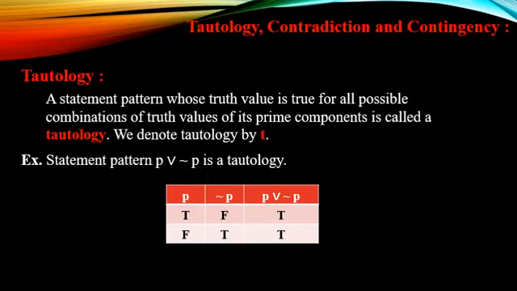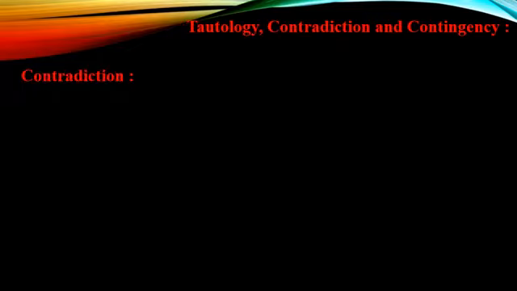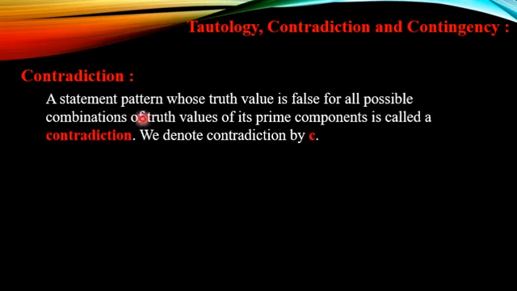Next, contradiction. If the given statement pattern is always false, then it is called a contradiction. The definition is: a statement pattern whose truth value is false for all possible combinations of truth values of its prime components is called a contradiction, and this contradiction is denoted by small c.